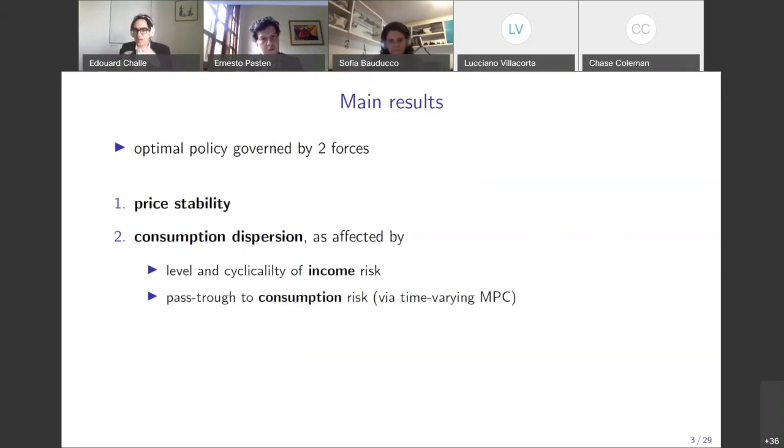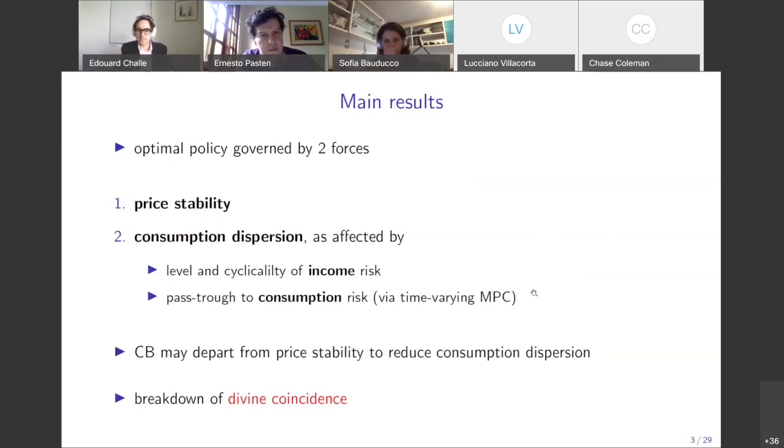So monetary policy, as I will be more explicit about, does what it usually does in the New Keynesian model, but it also affects directly or indirectly the income risk that agents face, and also the pass-through from the income risk to the consumption risk that agents face. So that's going to be additional margins that the central bank has to affect the amount of consumption dispersion, which is what it wants to do in addition to stabilizing prices.